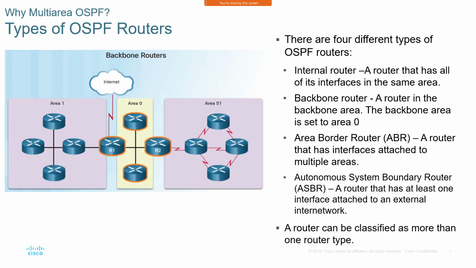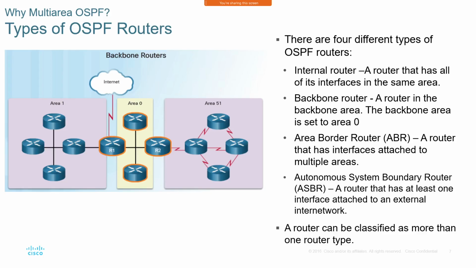It is a nice practice to assign the same number, because it's going to be easier for you when troubleshooting, but it's not compulsory. You can assign a different number. As long as they are in the same area, they're still going to form the adjacency. They're still going to be neighbors. Is that clear? Okay. All right.